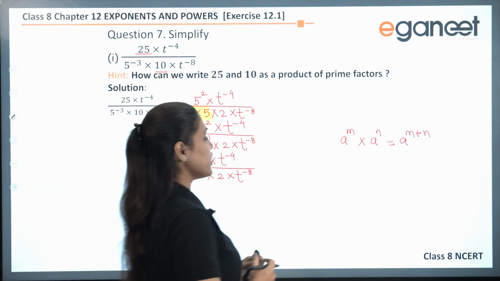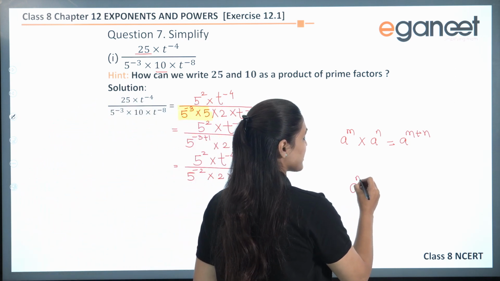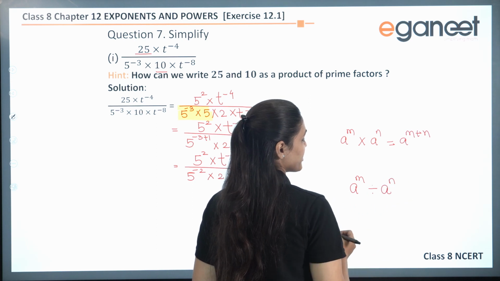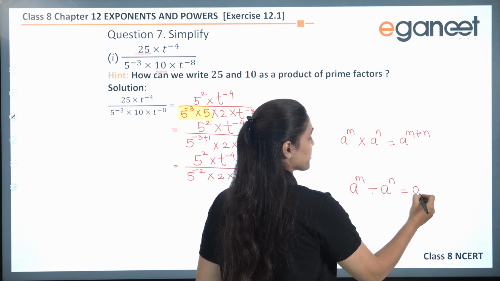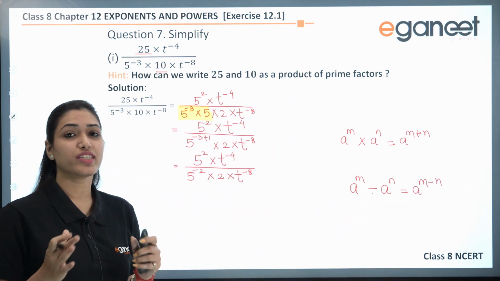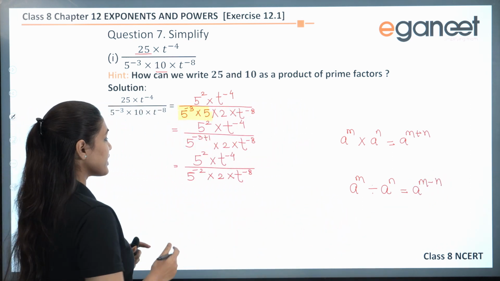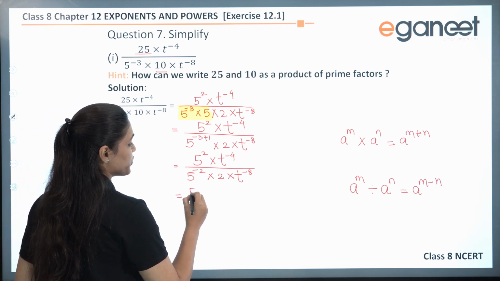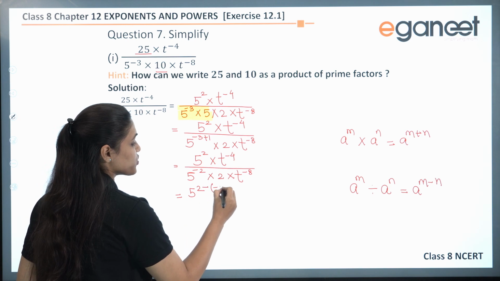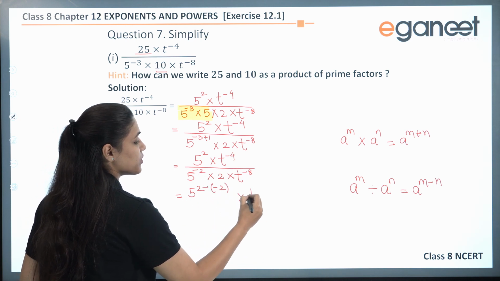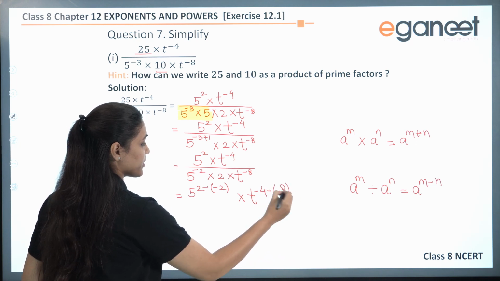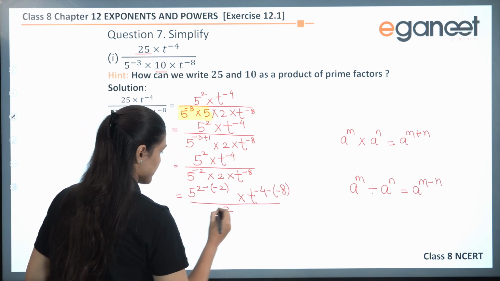Yes, we have the law which divides the powers having the same base. That is a to the power m divided by a to the power n is equal to a to the power m minus n. That means the exponents are subtracted when we are dividing, which means it will be equal to 5 to the power 2 minus of this minus 2 into t to the power minus 4 minus of minus 8 divided by 2 as it is.